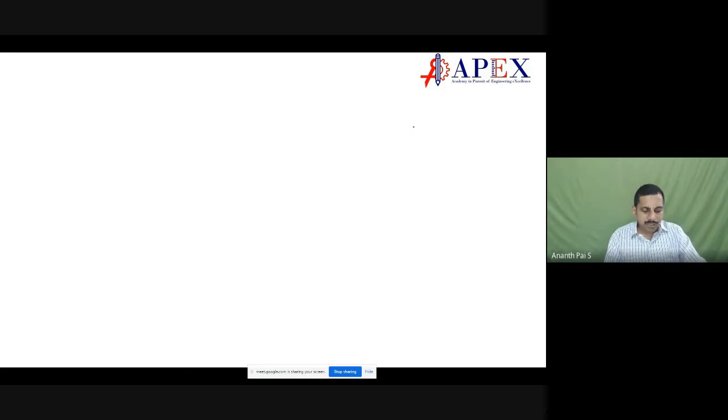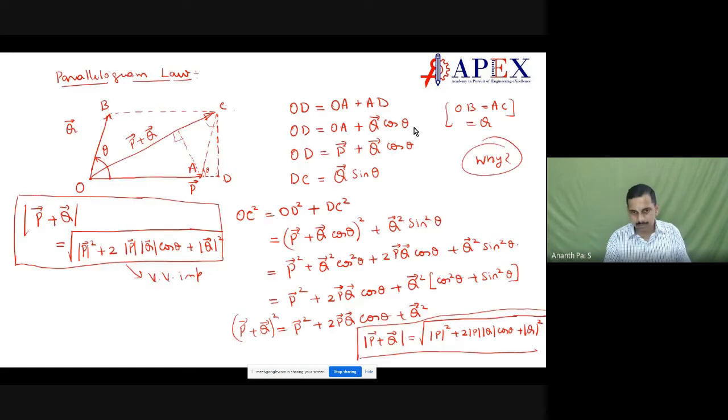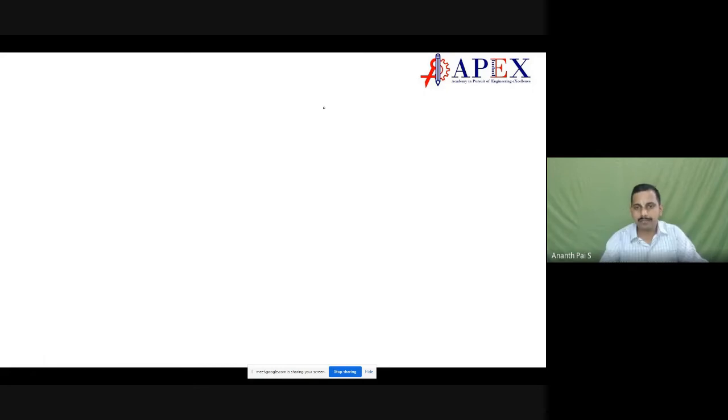Now, students, we have got the magnitude of P plus Q. Next step is we have to get the direction. How to get the direction? When you have P here and then Q over here, and we have it this way, this angle we said is theta, correct?